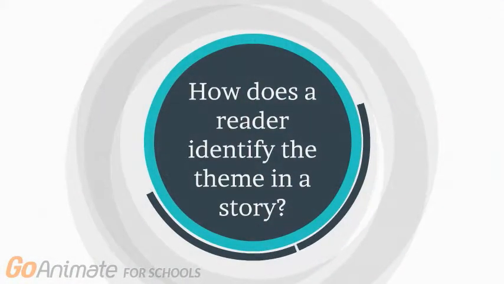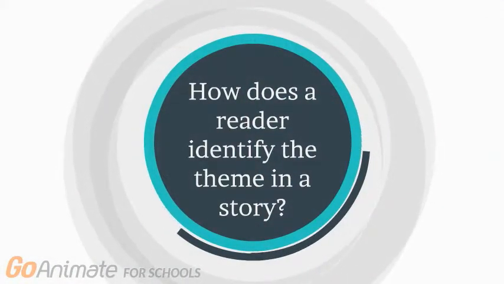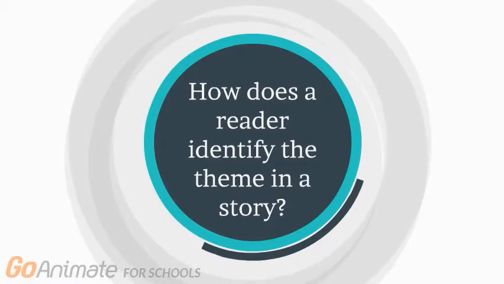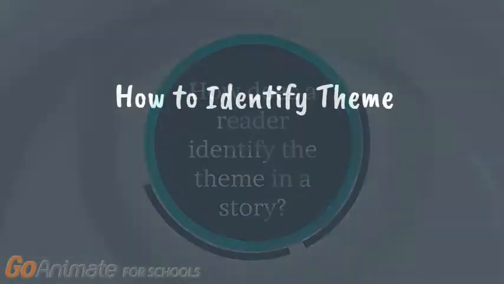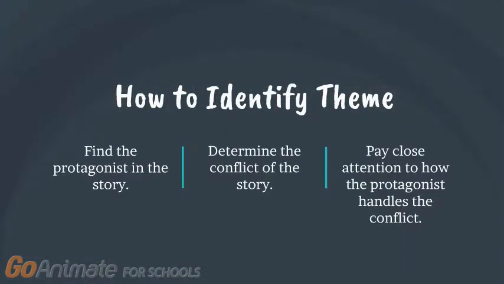How does a reader identify the theme in a story? How to identify theme. Find the protagonist in the story. Determine the conflict of the story. Pay close attention to how the protagonist handles the conflict.